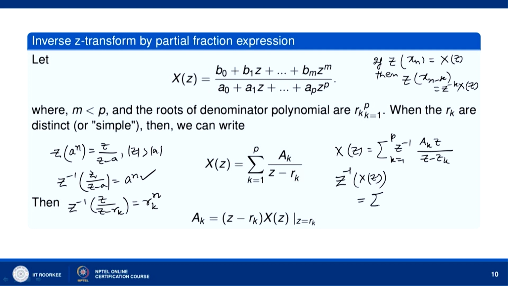So, this will be sigma k equal to 1 to p, a k times the inverse z transform of z inverse into z over z minus r k.